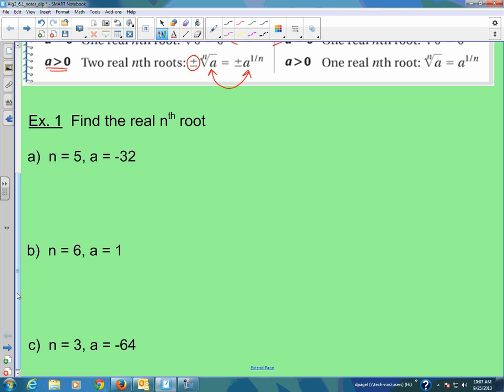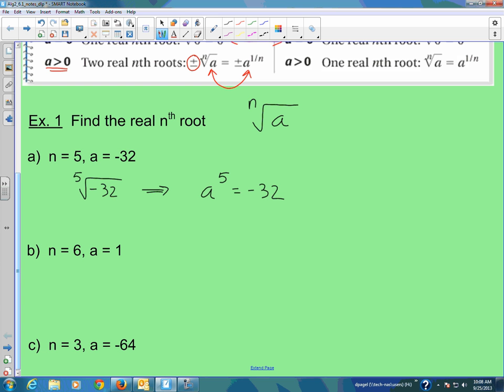All right, finding the real nth root now, given the following. So we're following this format. We're talking about nth root of some value of a. And in this case, I've got the fifth root of a negative 32. So what that's wanting me to find is there is some number that when I raise it to the fifth power gives me a negative 32. So I've got an odd n.